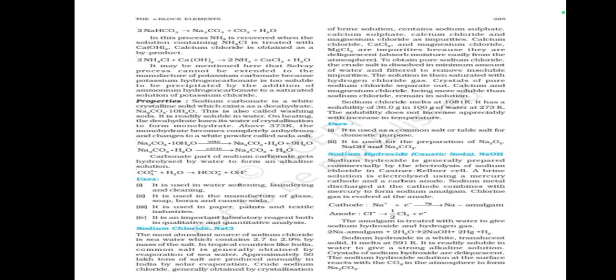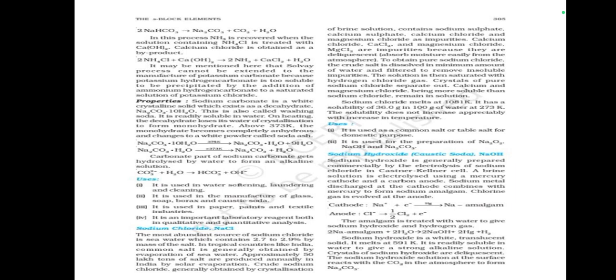Sodium hydroxide, caustic soda, NaOH. Sodium hydroxide is generally prepared commercially by the electrolysis of sodium chloride solution in the Castner-Kellner cell. A brine solution is electrolyzed using a mercury cathode and a carbon anode. Sodium metal discharged at the cathode combines with the mercury to form sodium amalgam.